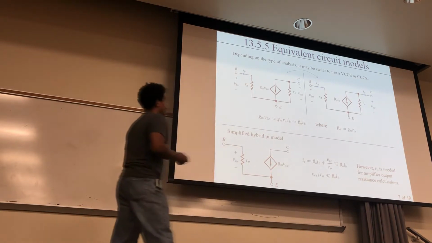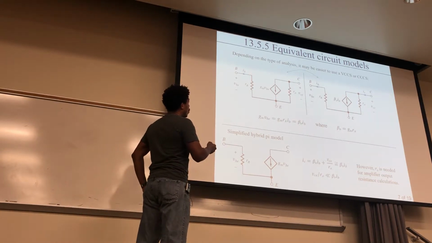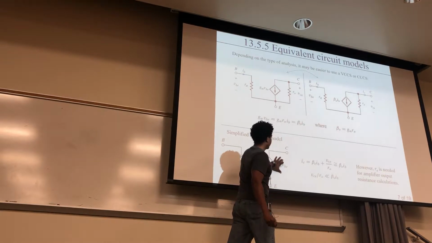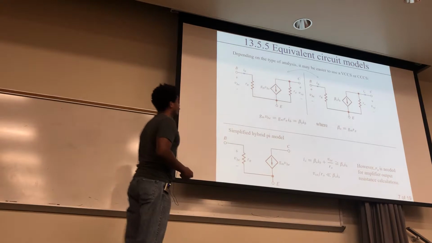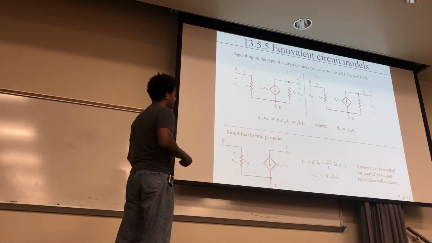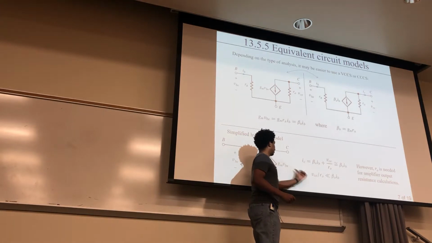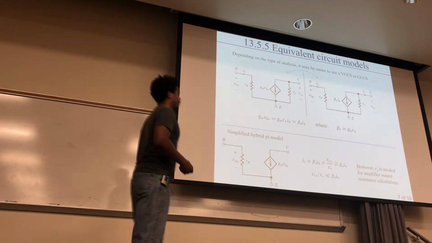Okay, and you can even simplify it further if you want to ignore this output resistance right here. If you want to get rid of this right here, that's fine, and that's even more simplified. That's if you're just looking at this for AC and DC. But if you want to look at the resistance seen looking in this way, you want to put that back because you'll need it at that point.